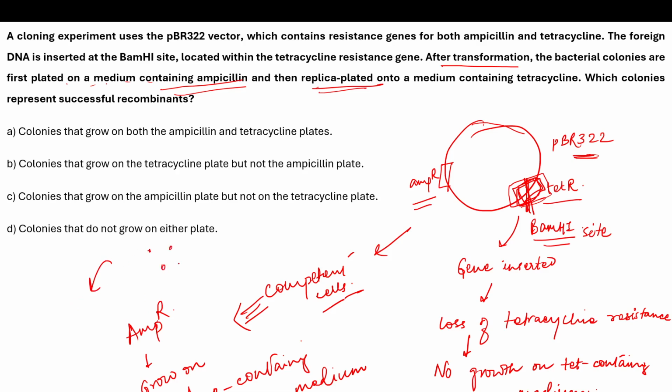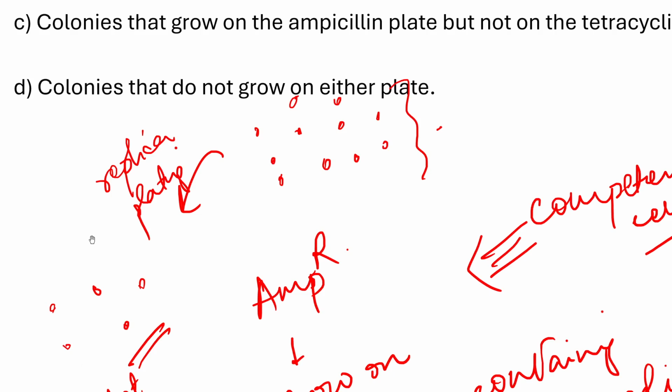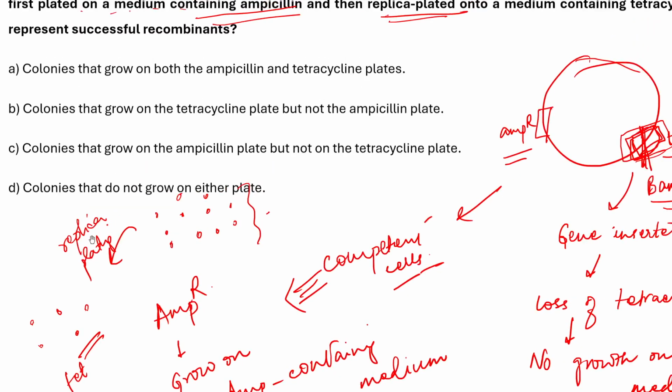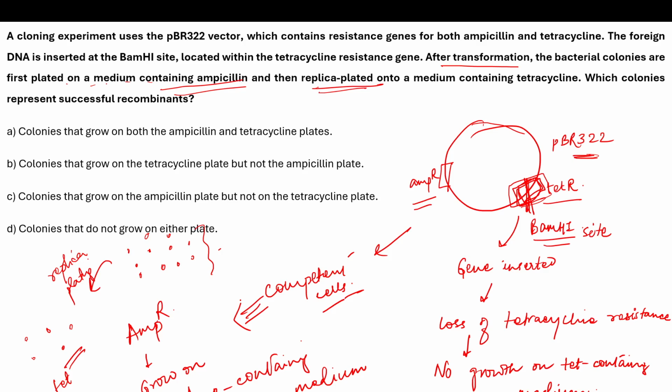So there will be lots of colonies in general, which are all ampicillin resistant, of course. But suppose after replica plating, out of maybe these 10-12 colonies, only 5 are able to grow in a tetracycline medium.